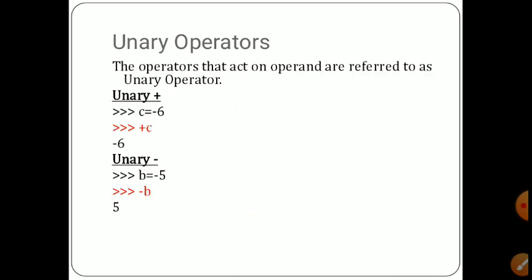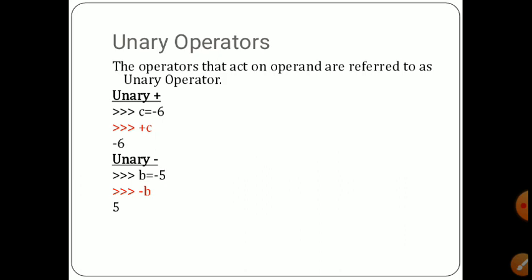These arithmetical operators are categorized into, first, unary operators. Unary operators do their action on only one operand. They do not need two operands to do the action. If we apply the operator on only one operand, it is called a unary operator.